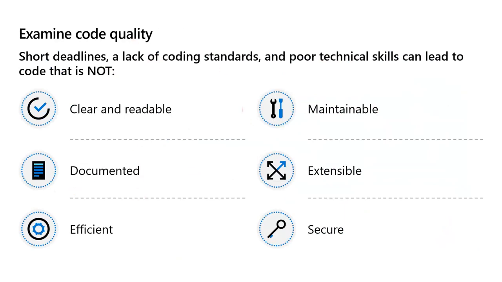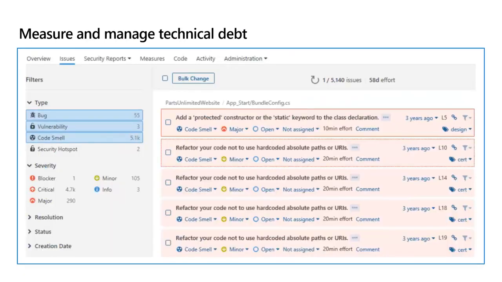So how can we guarantee this, or at least improve the odds that my code is going to be of the best quality? By using SOLID principles, by using documentation, by using comments. Actually, there are tools that allow me to identify this and measure technical debt.